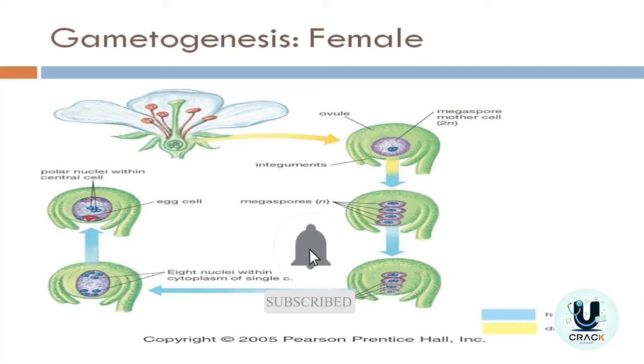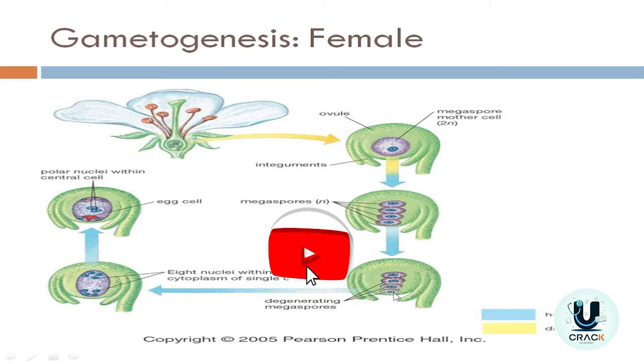Gametogenesis in female. Look at the flower. Take the center part, that is the ovule. Inside the ovule, you can see the purple picture, that is the megaspore mother cell. Integuments are the outer layer. The megaspore multiplies into 4 in the next stage.